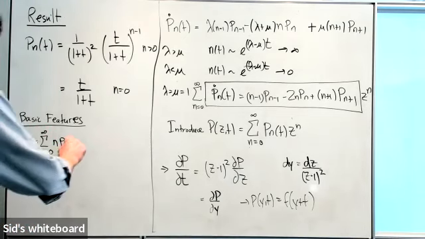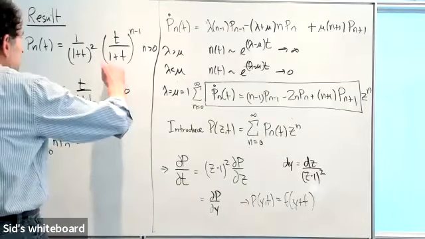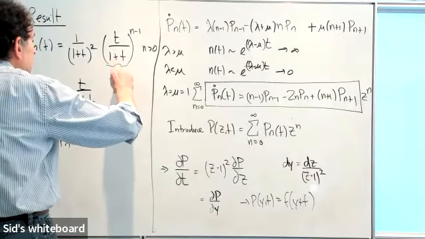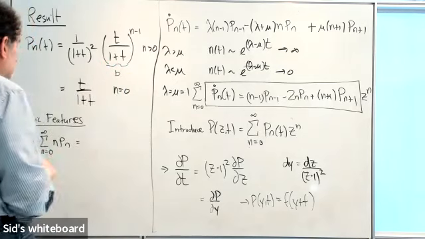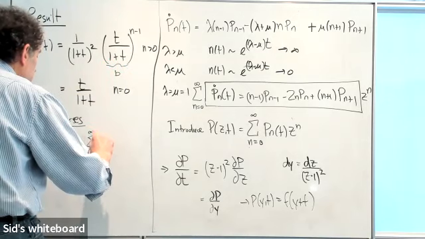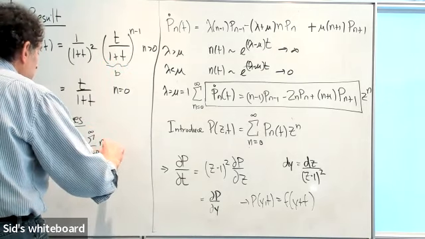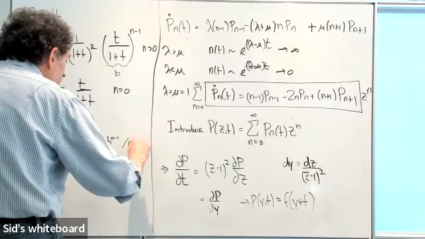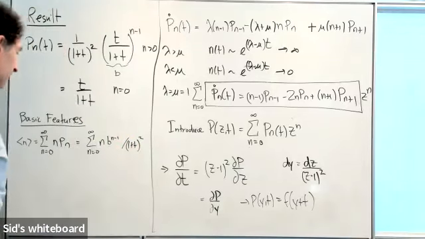So anyway, that's what this is. And so let's see what this is. So again, to make life simpler, let me call this factor here b. And so this is going to be summation from n equals 0 to infinity, n b to the n, and then divided by 1 over 1 plus t all squared.